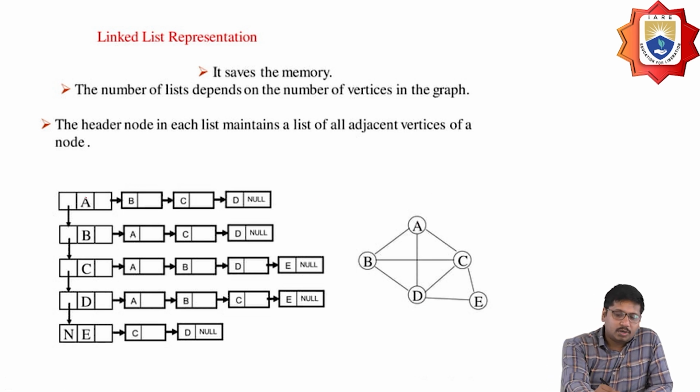If I'm going to consider A here, what are the vertices that are connected to A?